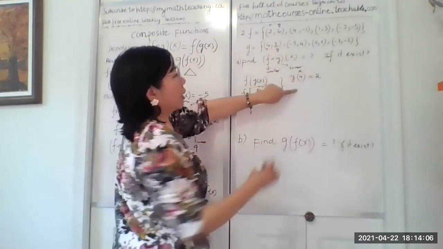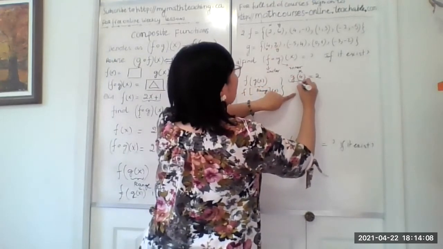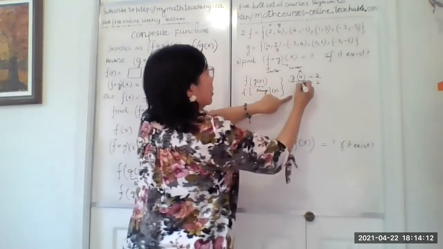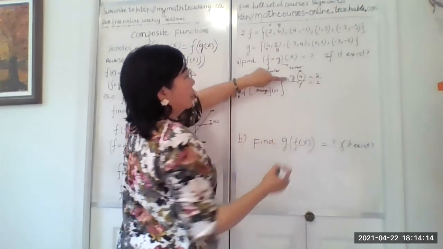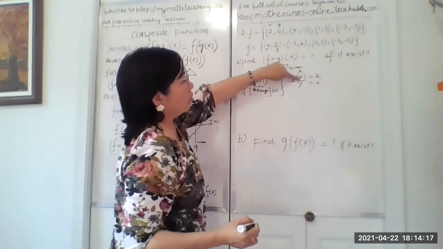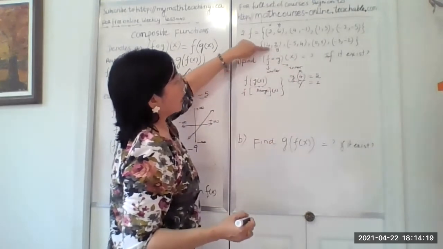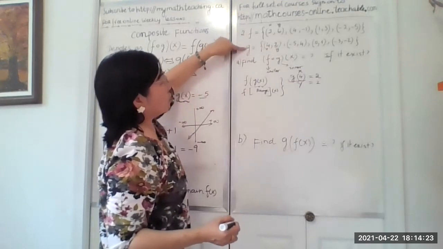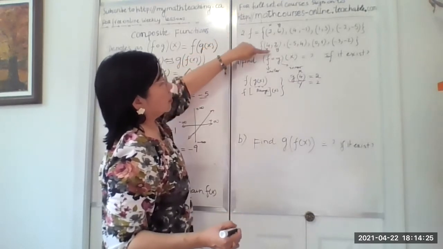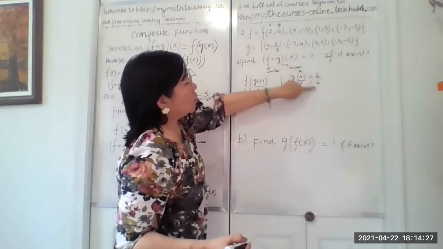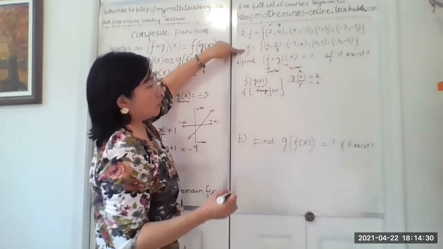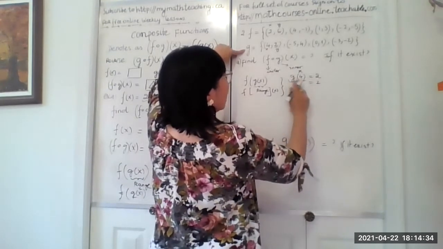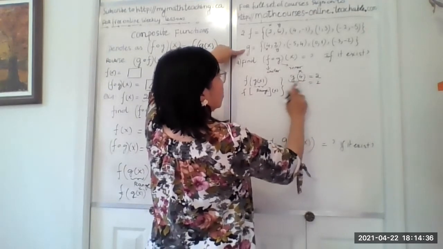So y equals 2. That is, when x equals 4, g of 4 equals 2, and 2 is the y coordinate of g, which is in the range of g. So now we know g of 4 is 2.